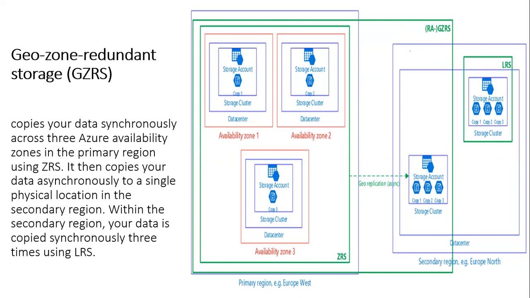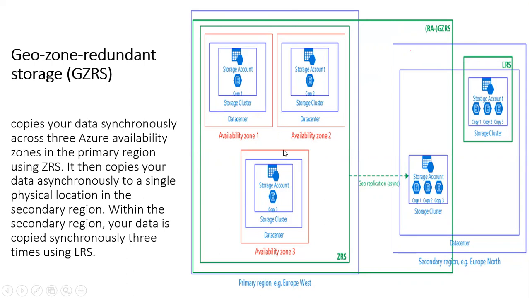On top of that, it copies your data asynchronously to a single physical location in the secondary region. Within the secondary region, your data is copied synchronously three times using LRS.